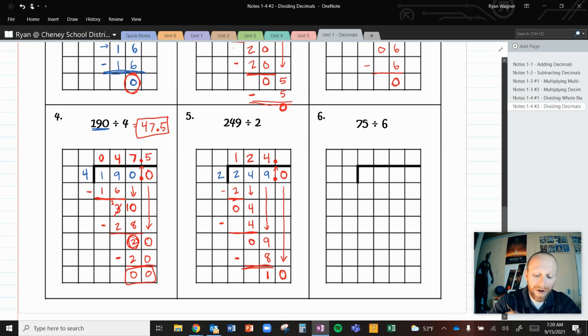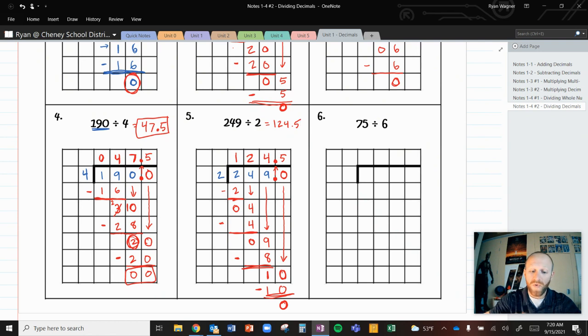How many times now can 2 go into 10? 2, 4, 6, 8, 10. 5 times. 5 times 2 gives us 10. We kind of ran out of room here. That's okay. Then we subtract, 10 minus 10 gives us 0. So our answer for number 5 is 124.5.